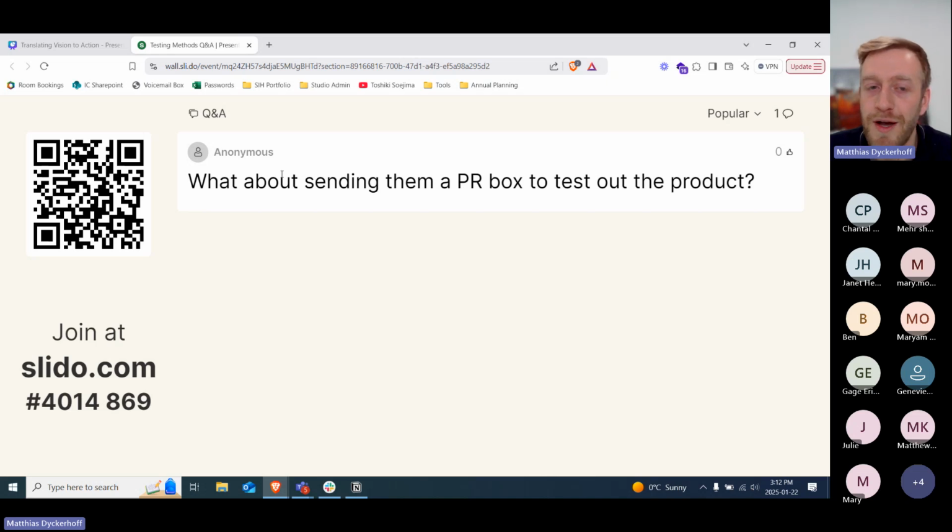Depending on the product, you would also want a way to track or get to know if they used it, what they thought, get some feedback. If you just send them a box, you may not be able to collect much data around if they opened it or what they did after you dropped it on their doorstep.